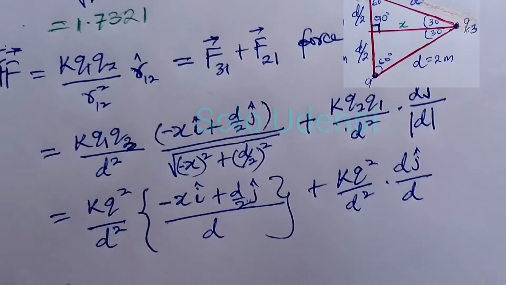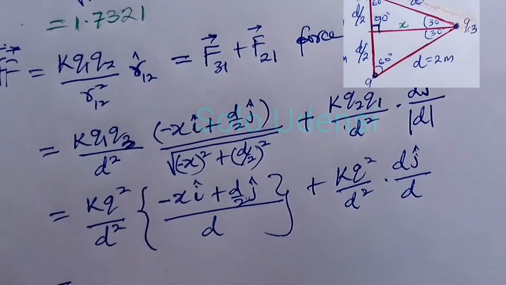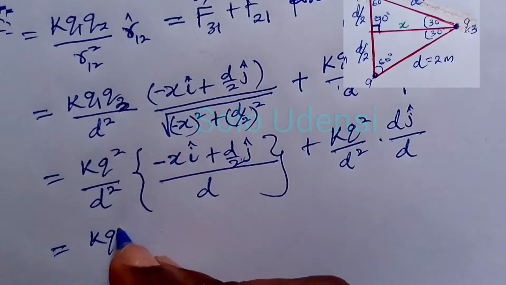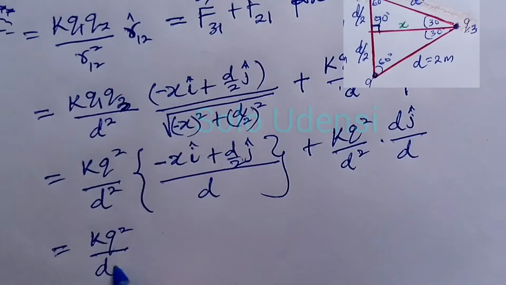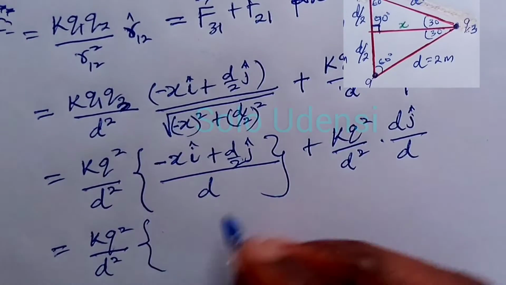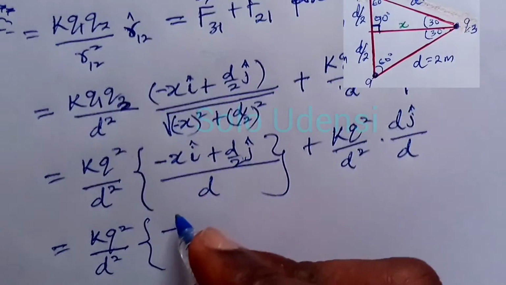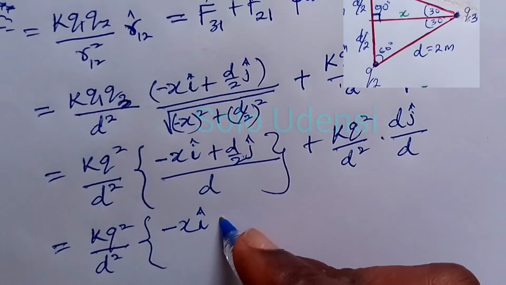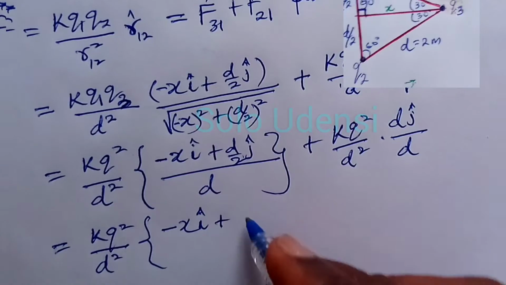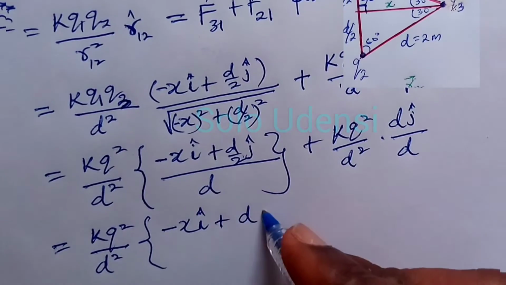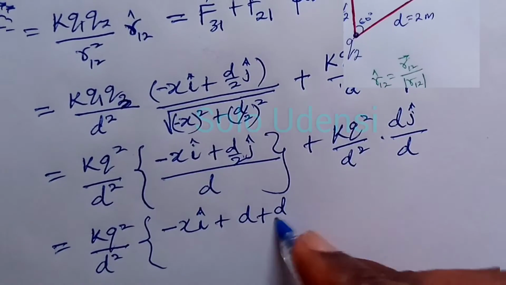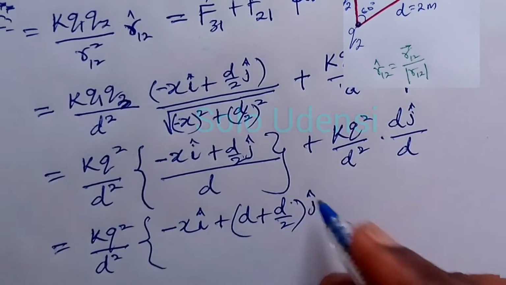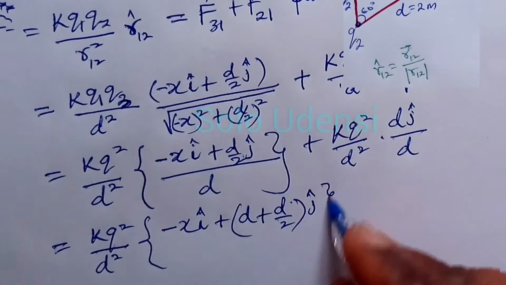So we now have K Q squared over d squared into minus x i hat plus d over 2 j hat, this and this, which we have factorized out.